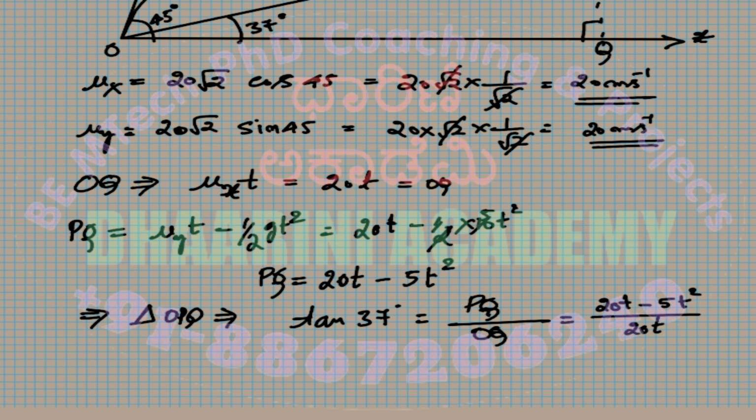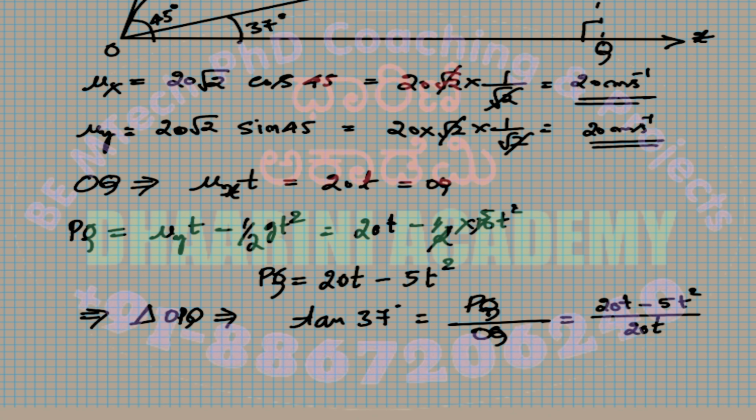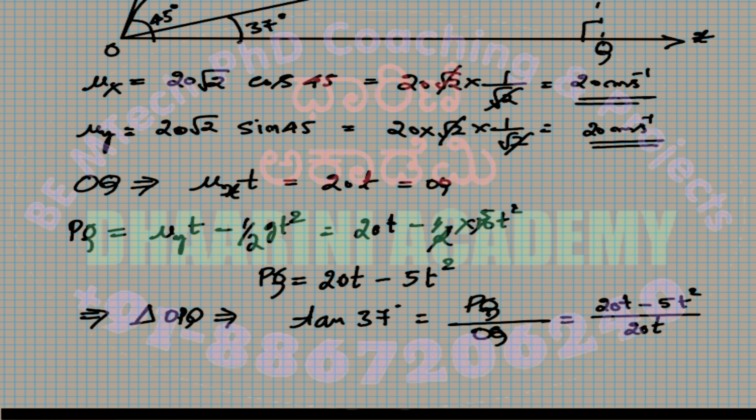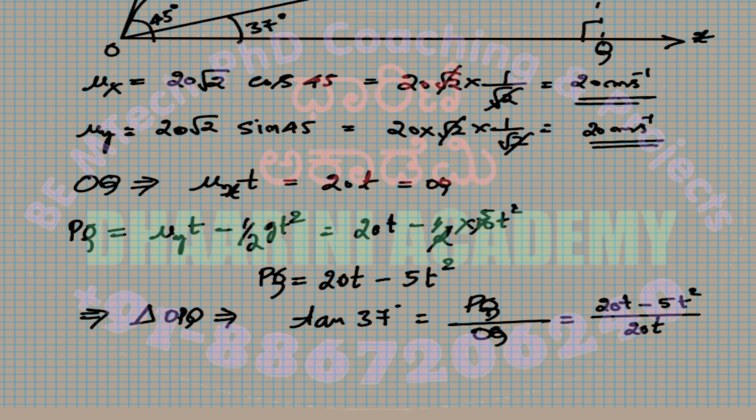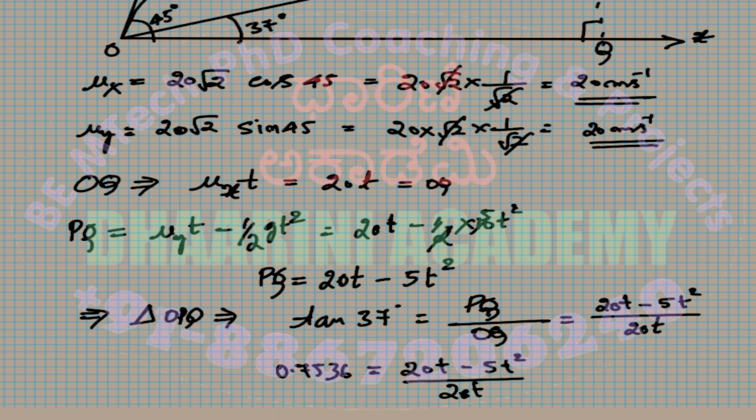Now we need to solve this. Let me calculate tan 37. Tan 37 degrees is 0.7536, which is equal to 20t minus 5t square divided by 20t.